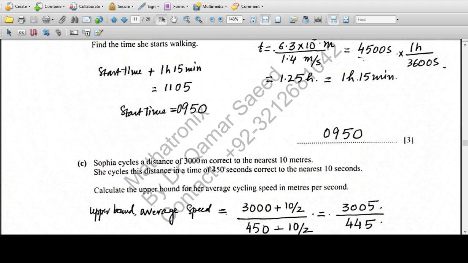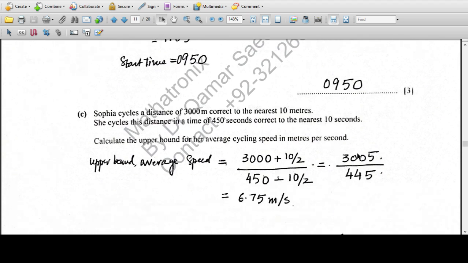The time is 450 plus or minus 10 over 2, so we have 3005 here and 445 here, and the ratio gives the upper bound of the average speed as 6.75 meters per second.